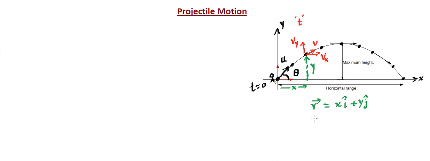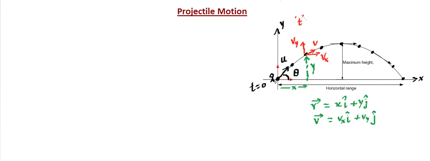Similarly, the velocity of the particle can be written as vx in the i direction plus vy in the j direction. If we know vx and vy, that means both the components of velocity, then we can find the total velocity, because that is the resultant of these two perpendicular components.